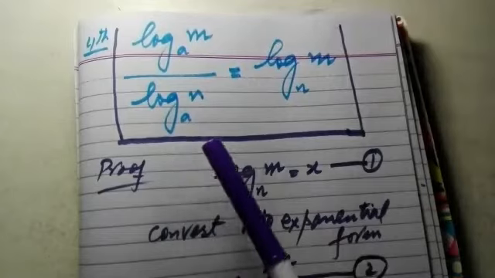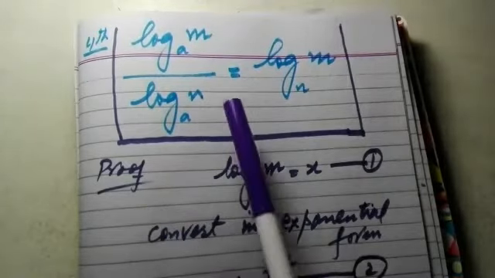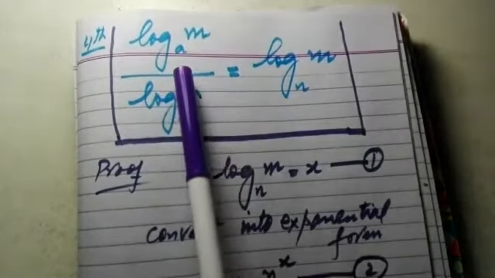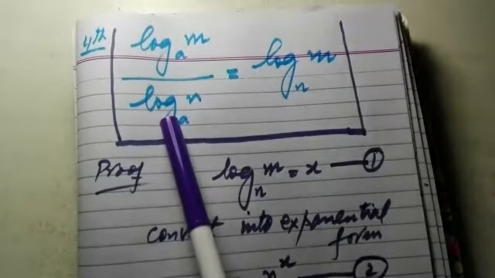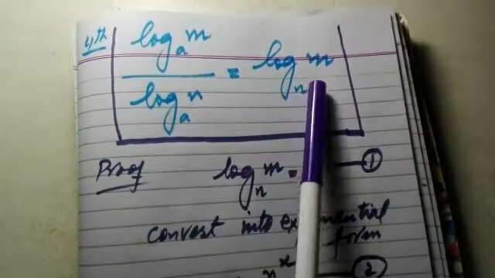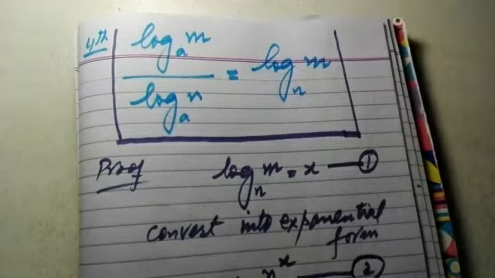So what is required for the proof of the theorem: we see that two logarithms are there and they have the same base a, but once we simplify this expression, the base of the logarithm will become different, or it will be changed. So that's why this is also called the change of base formula.